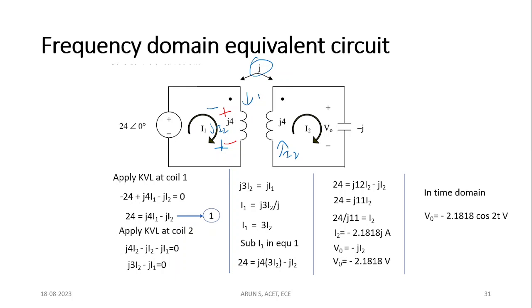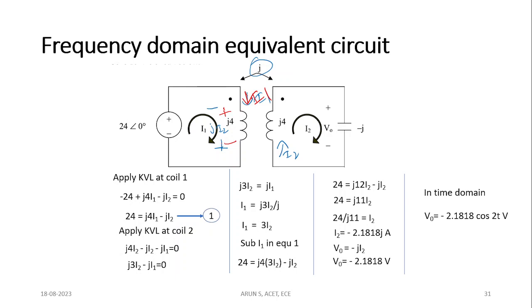And what is the voltage due to the self-induced voltage? The current I1 is flowing in this direction. For I1, let us take red color. I1 is flowing through this inductor in this direction. So the polarity is assumed based on the current direction, so that it obeys the passive sign convention.